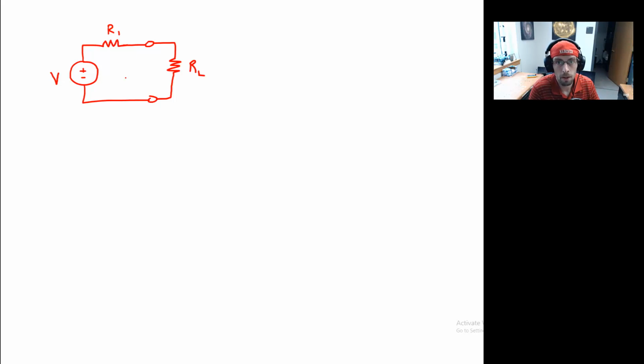So I can make this circuit look like something else, possibly. From the point of view of the load resistor, this right circuit would be indistinguishable from this left circuit.